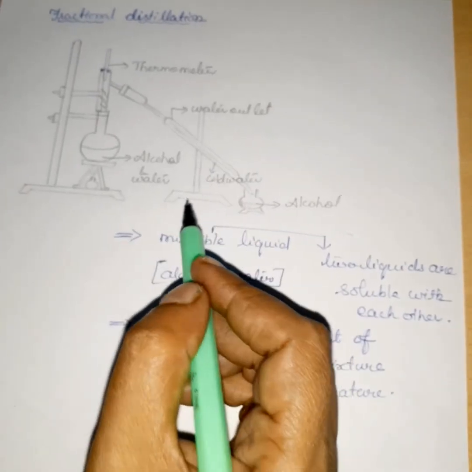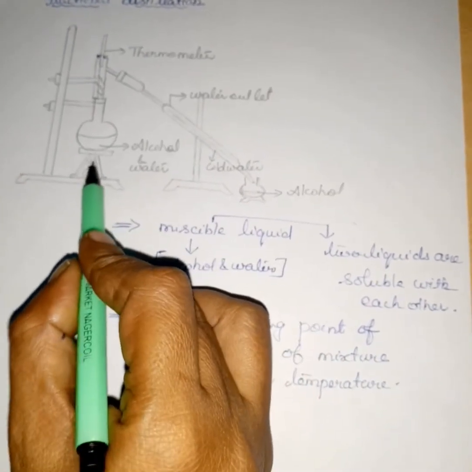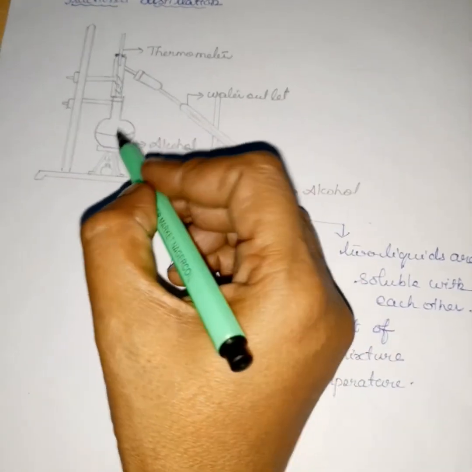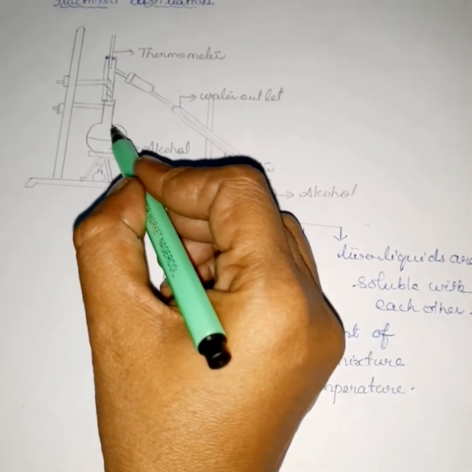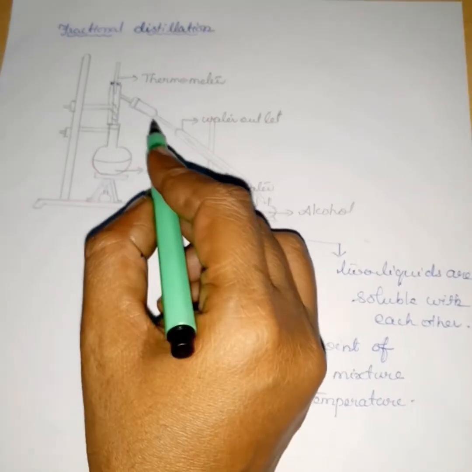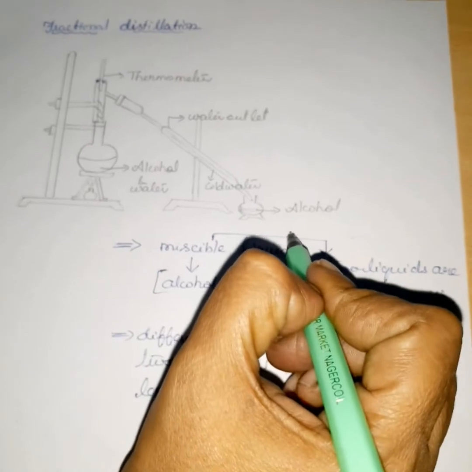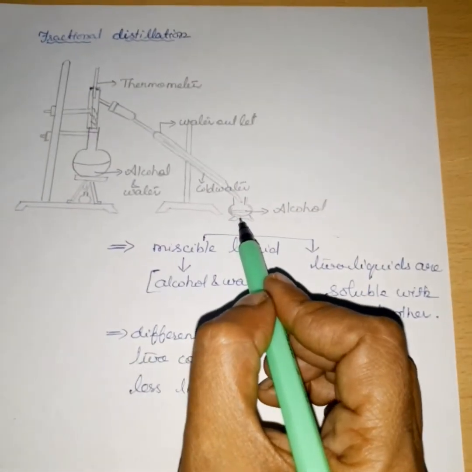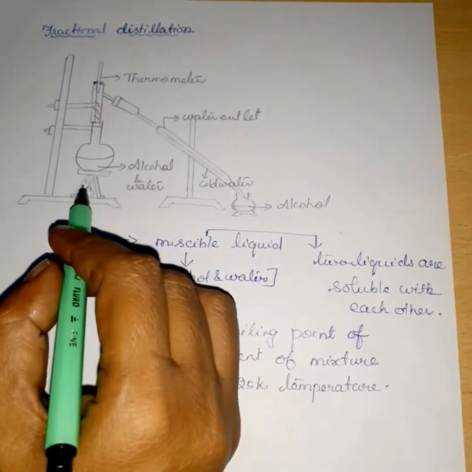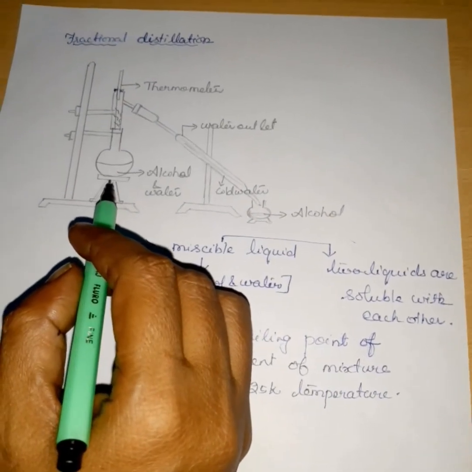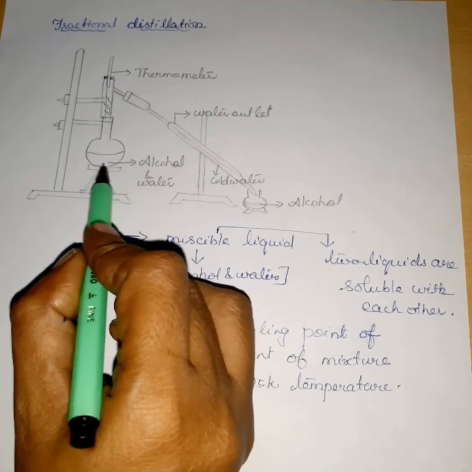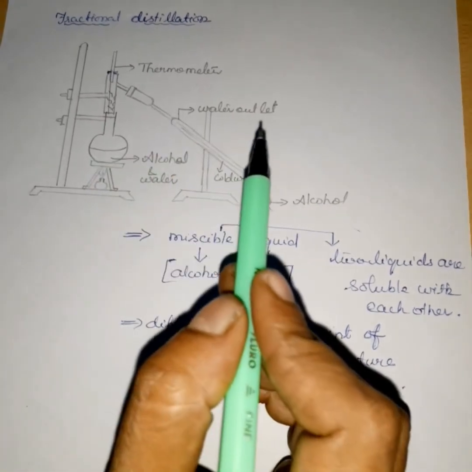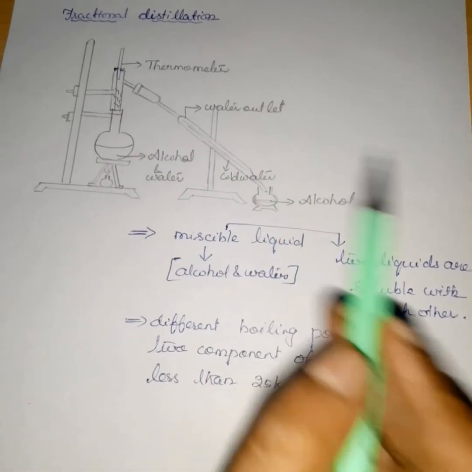Now the alcohol and water are heated. What happens? The vapor of the alcohol passes through the inner side of the condenser and is collected. The remaining portion is water, which stays in the distillation flask. So what do you understand? Alcohol and water are separated by the fractional distillation method.